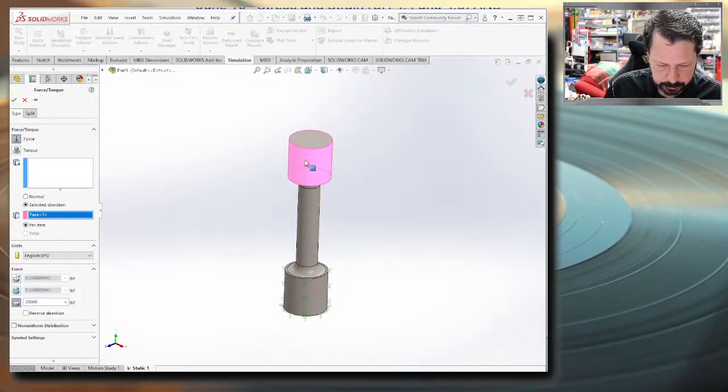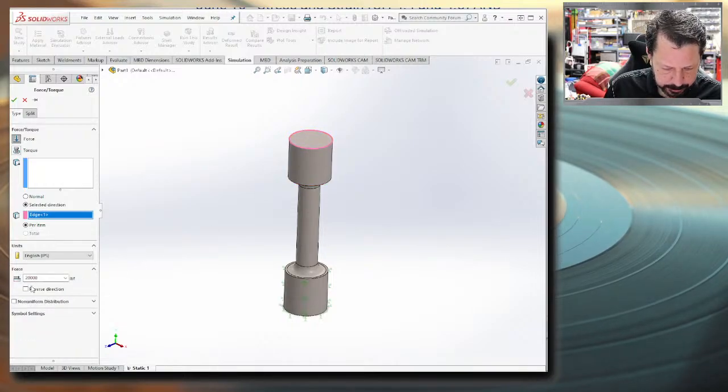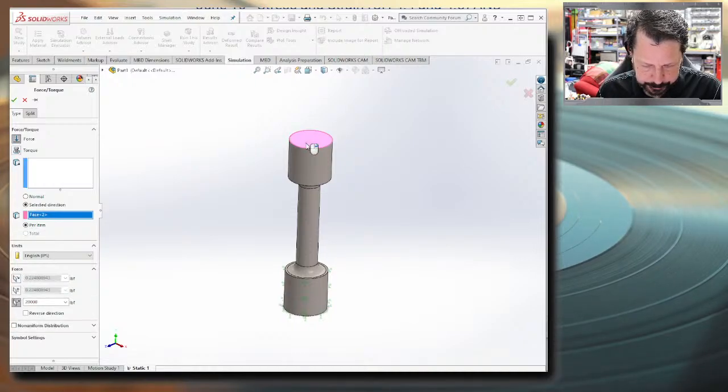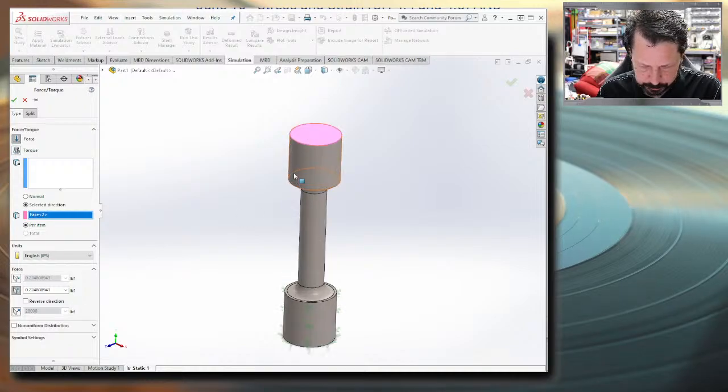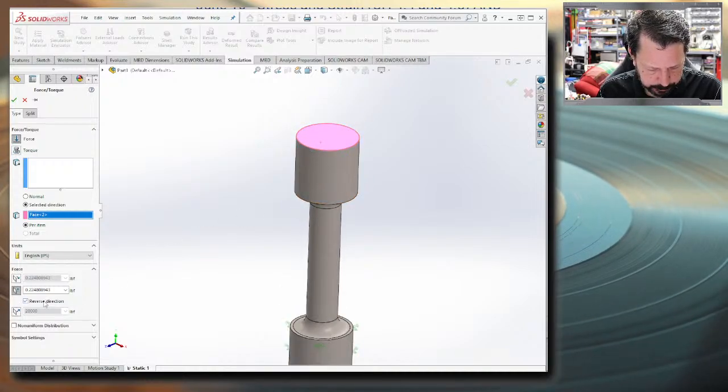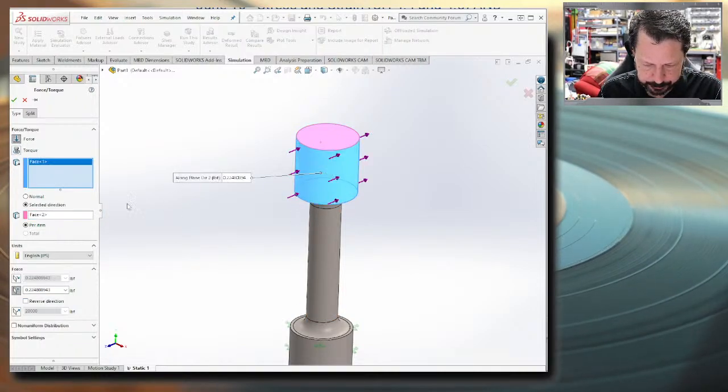Oh, do I have to apply it to an edge? Oh, I wanted to apply it on this face. Why is it not letting me? Oh, because this was the direction face.